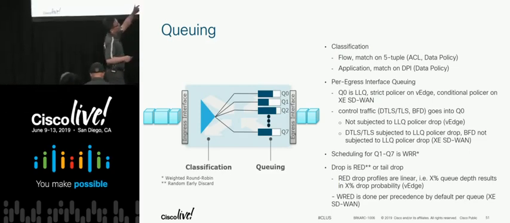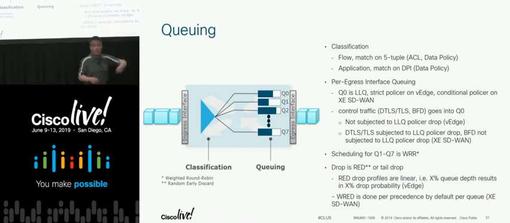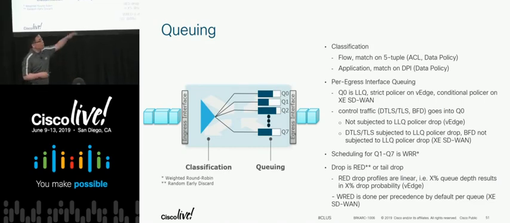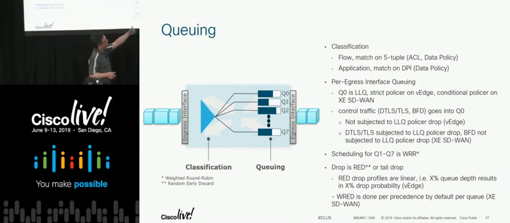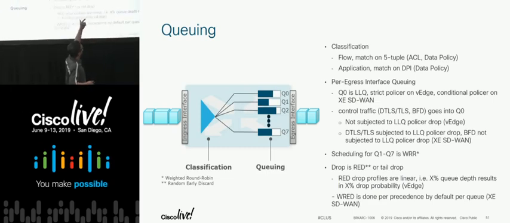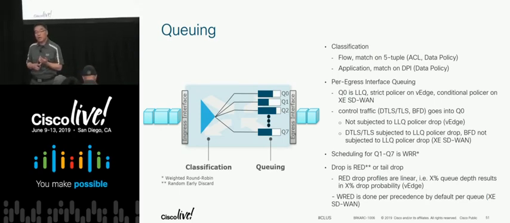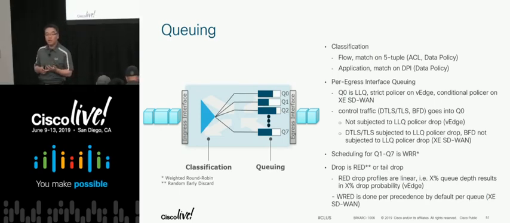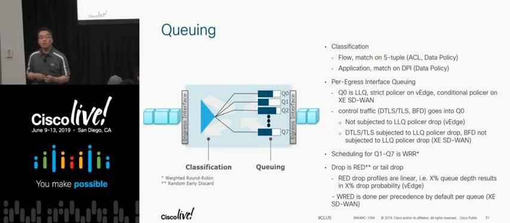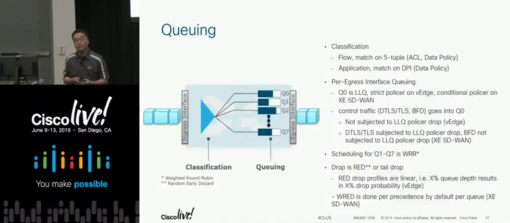On the vEdge, any traffic in Q0 is not subject to the policer drop. And on the XE-SD-WAN, the BFD is not subject to the policer drop, but the other TLS, DTLS traffic, including your OMP updates and netconf messages, are subject to QoS drop during congestion. Only for XE. That's correct.